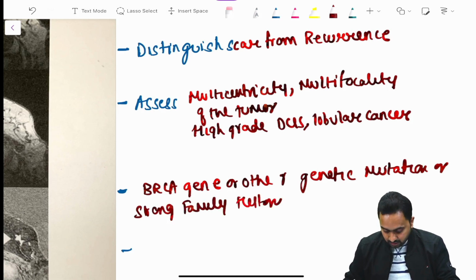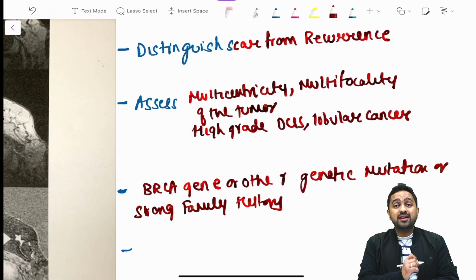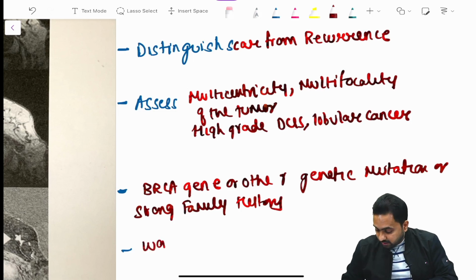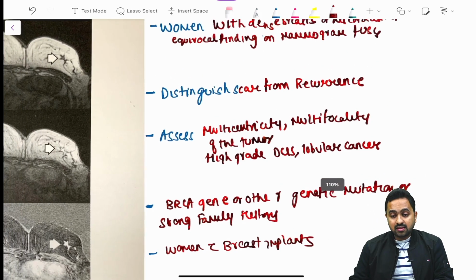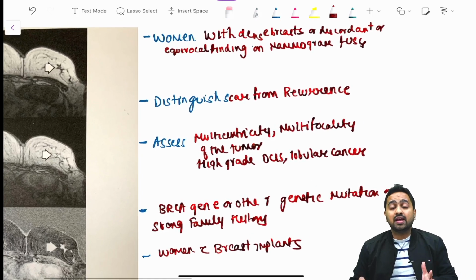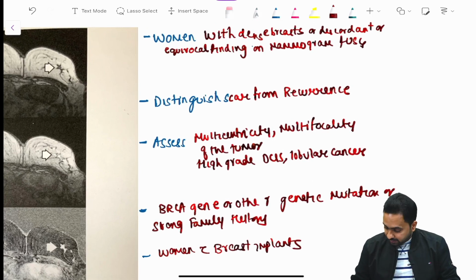Then we do women with breast implants. Then women with breast implants also require MRI. So these are your few conditions where comes the role of your magnetic resonance imaging, right?